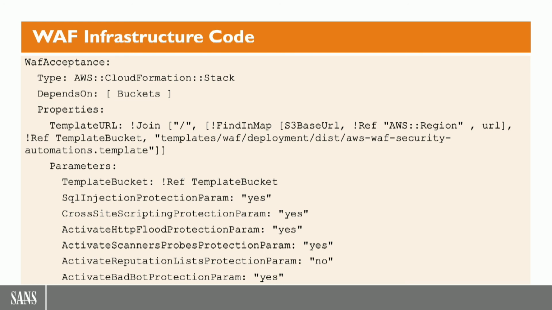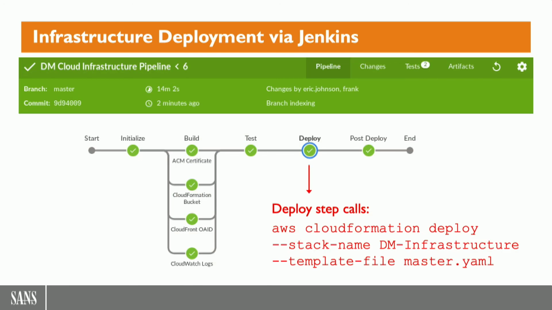Now, normally, when you are deploying AWS code, CloudFormation templates, you need to do so using a command line command like we see in the lower right-hand corner. AWS CloudFormation deploy, pointing to the specific template file, the YAML file, hopefully, or JSON file that you are using. This screenshot is just showing that similar to how we might automate our application deployment through the DevOps CI/CD pipeline, we can also automate our infrastructure deployment.